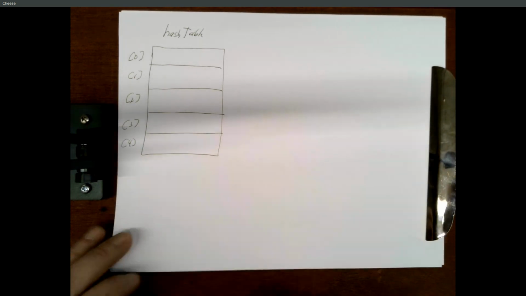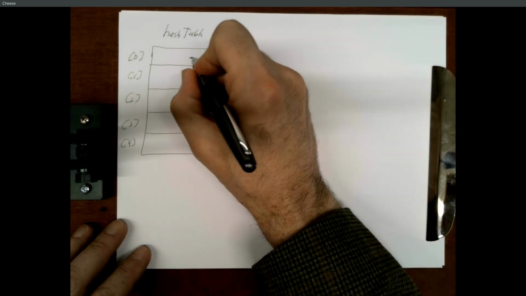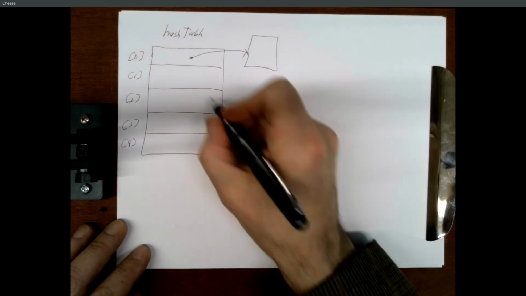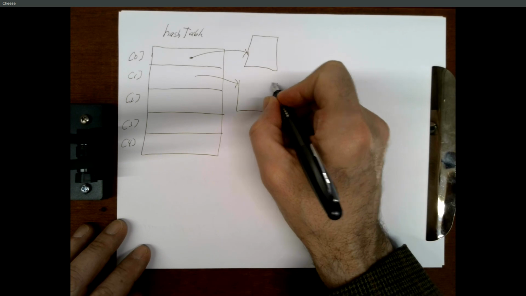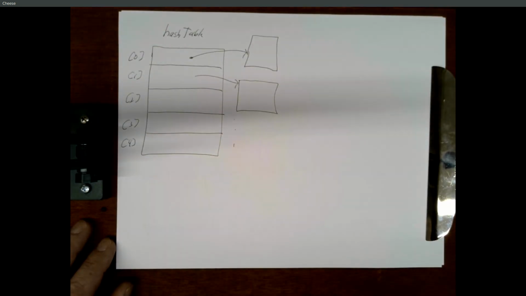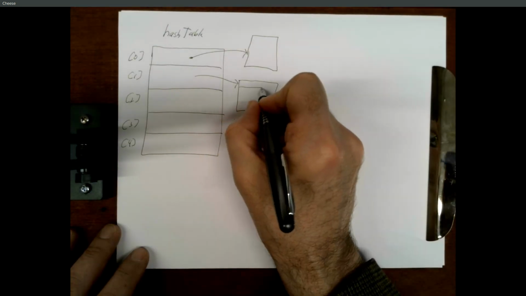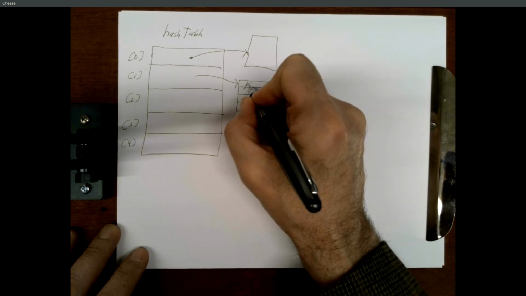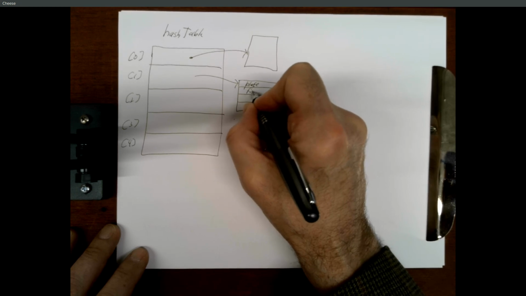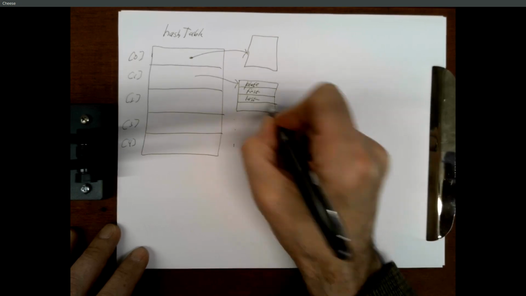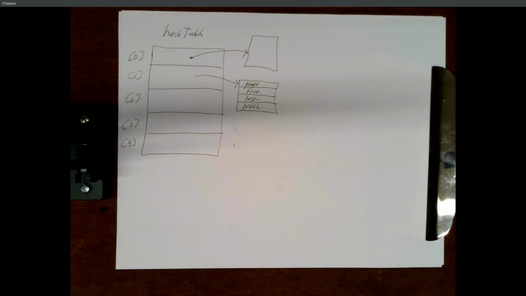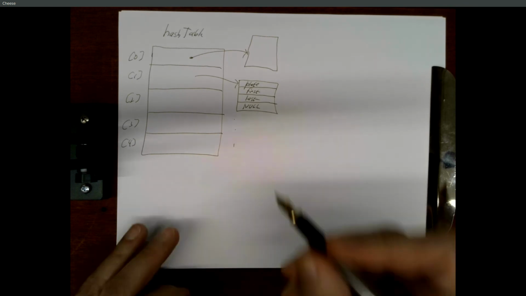Well, each of these is a pointer to a sentinel node. And the sentinel node contains the following. It contains a license plate, a first name, a last name, and a pointer to a new node or null. So these are sentinels.